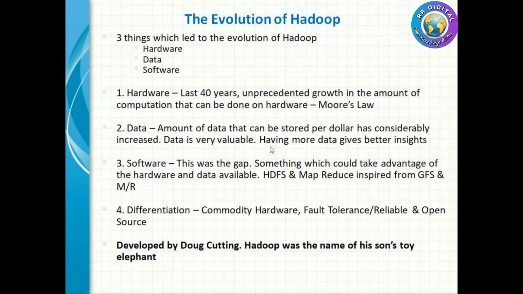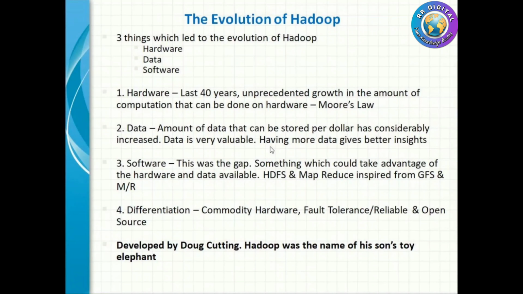But now for the same 50,000 rupees you get 8 GB RAM and a 500 GB hard disk. Technology improved and there is competition between all the manufacturing companies. That's why prices have reduced.